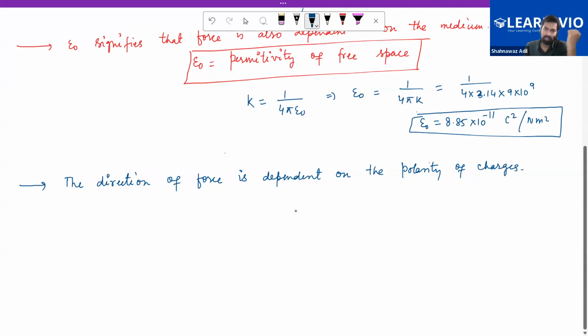Right. So let's say that I have this plus Q and this is also plus Q. If I calculate the direction of the force at this point, would it be right or left due to this force?